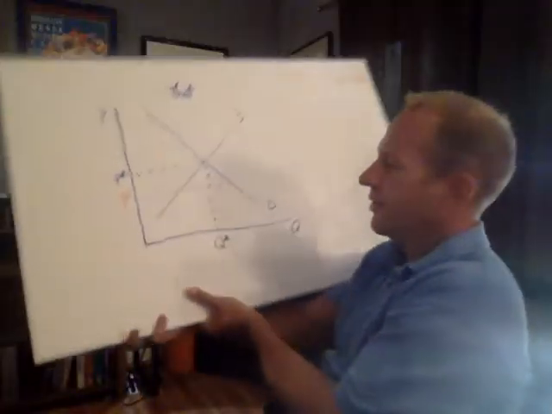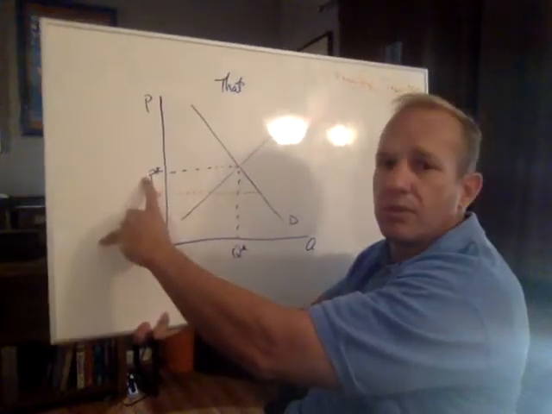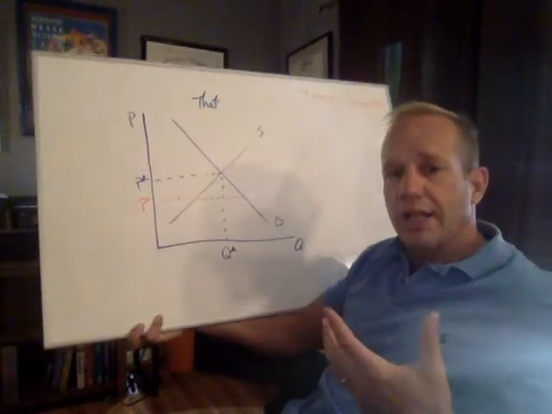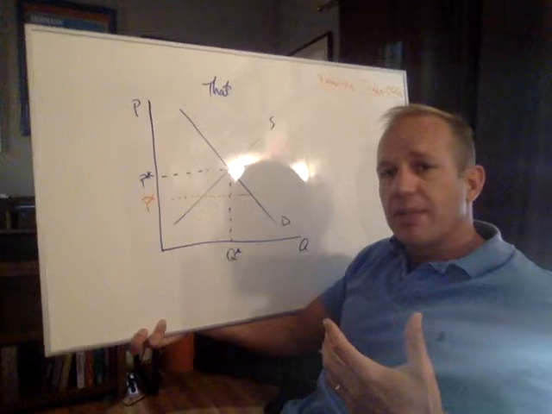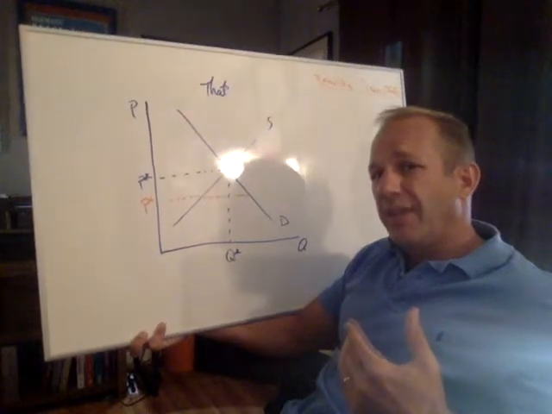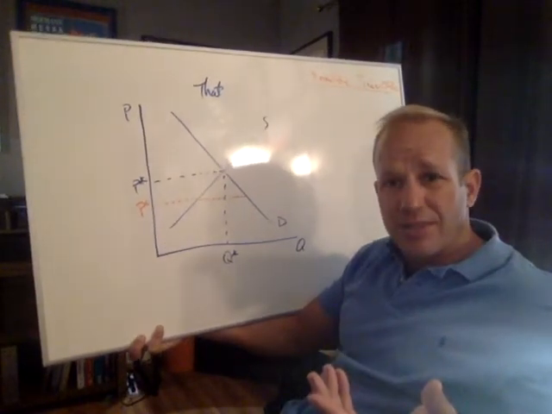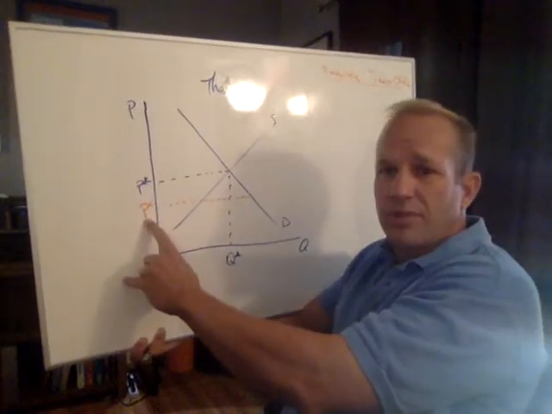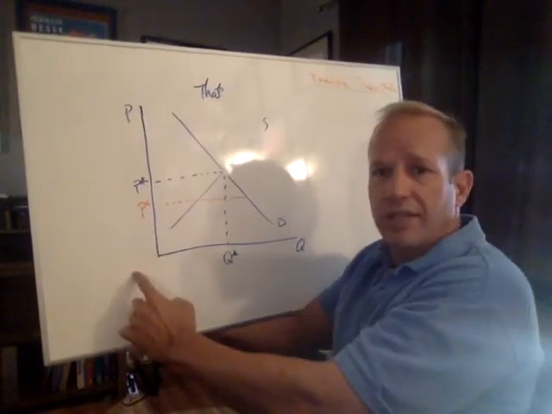So let me get it drawn and I'll try to explain that. What we're saying is this price, P star in blue, is unfair. It's too high. We're having the government step in to try to do something about that by setting a price that's not as high as it is. Well, isn't that what these numbers below it are? These are the numbers that are not as high as it is.